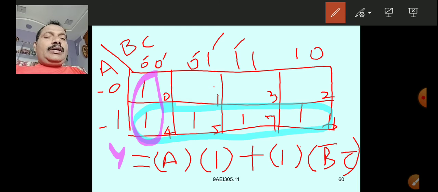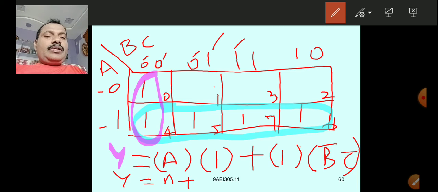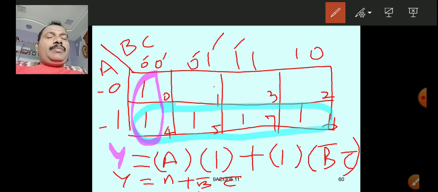So you got a single step solution like this: Y equals to A plus B bar C bar. So this is the graphical method K-map, which will give us a simple one-step solution for the Boolean expression.